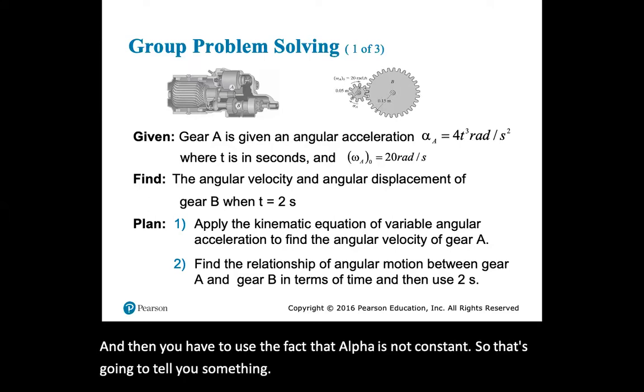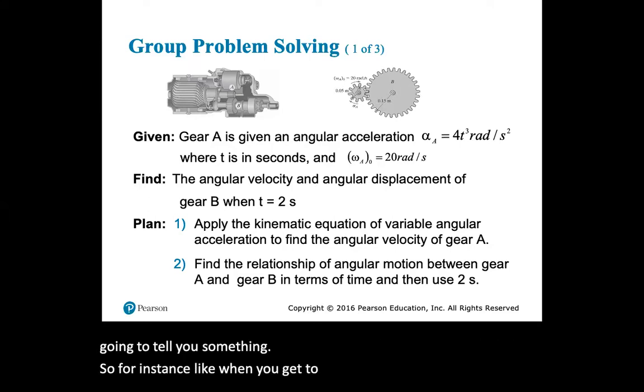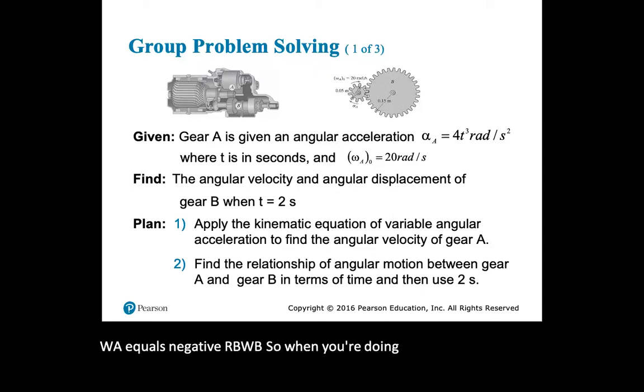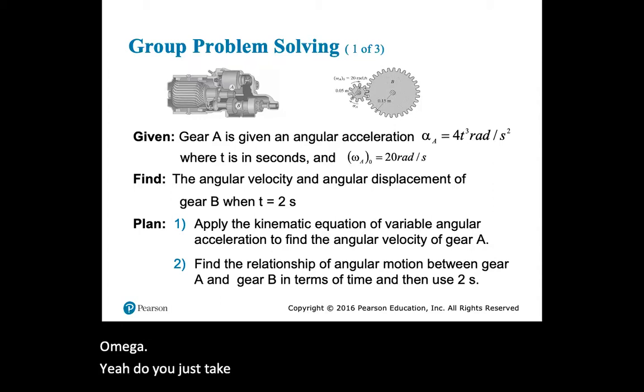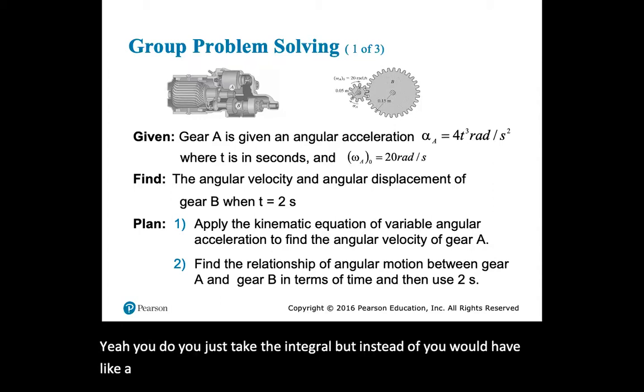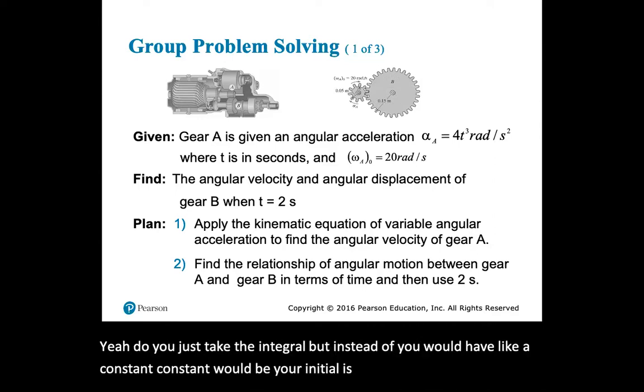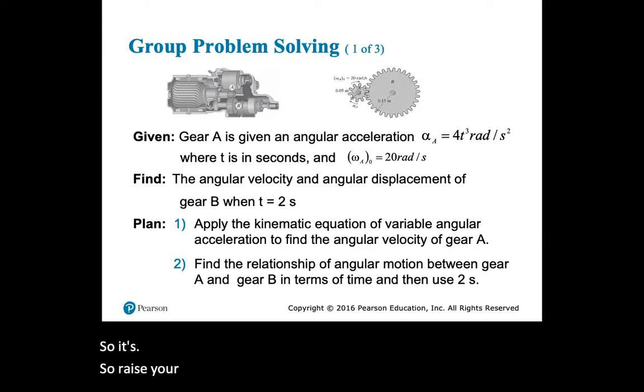And then you have to use the fact that alpha is not constant. So that's going to tell you something. For instance, when you get to the point where you have RA WA equals negative RB WB, when you're trying to find omega A, do you just take the integral, but you would have a constant, and that constant would be your initial omega? That's exactly right. So raise your hand if you kind of got what Shane was suggesting there.